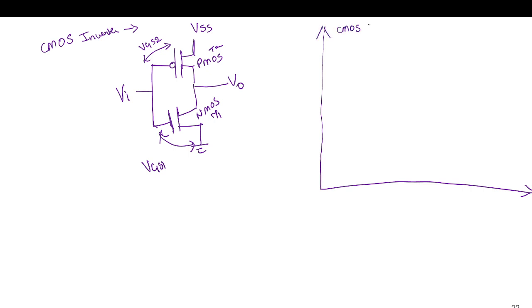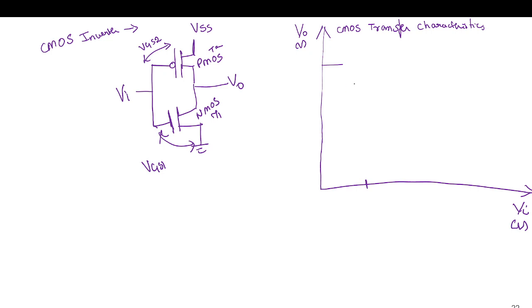We call them transfer characteristics when we are plotting the output and the input, and both are in voltage. So let us apply some input till here. Let us consider.